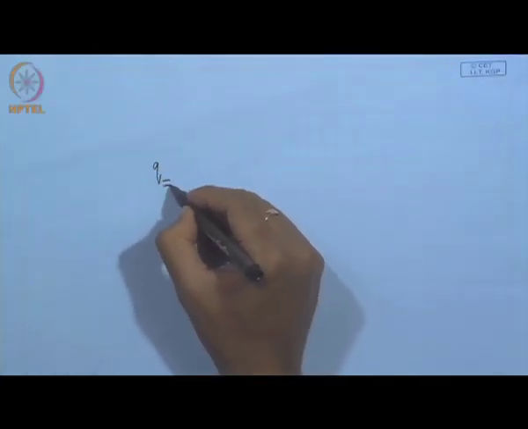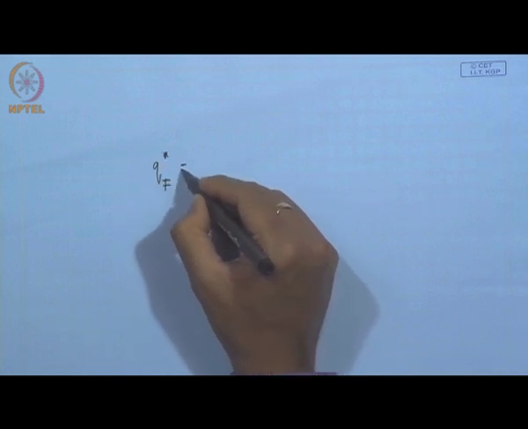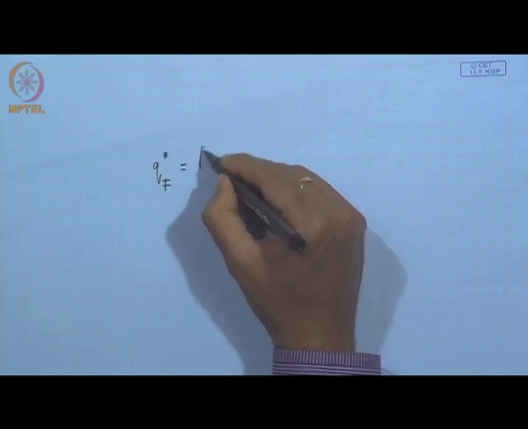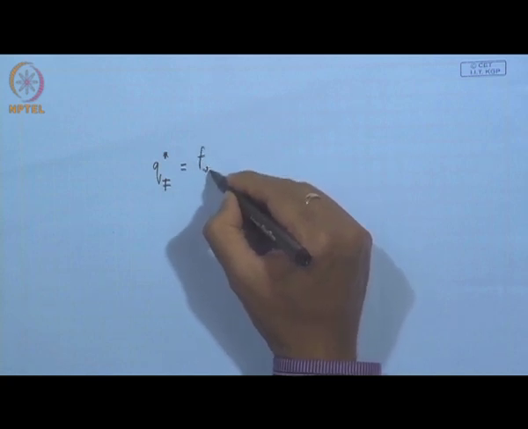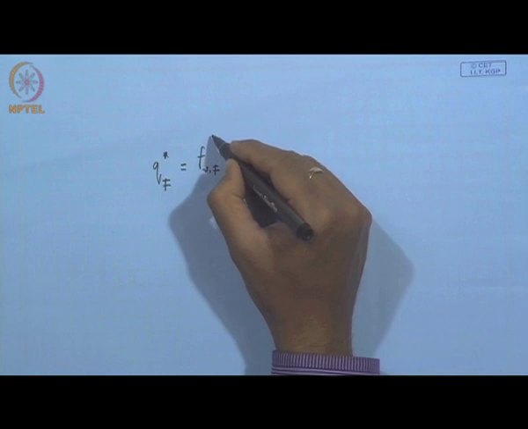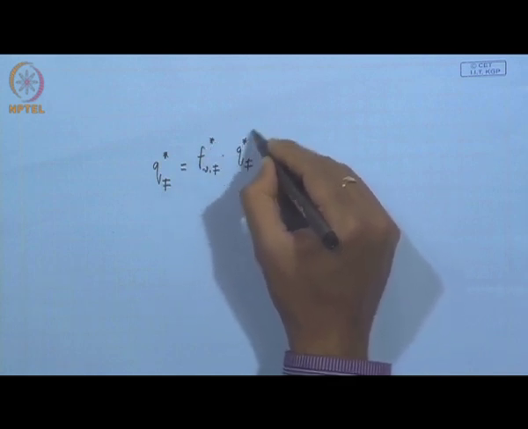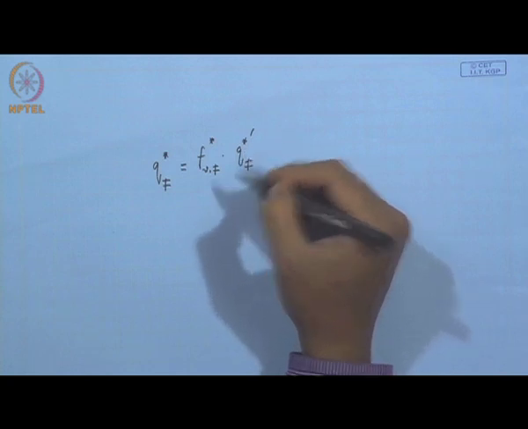So, your q double dagger star will be, with 1 vibrational mode less, f v double dagger star times q star prime. This prime means 1 mode less.